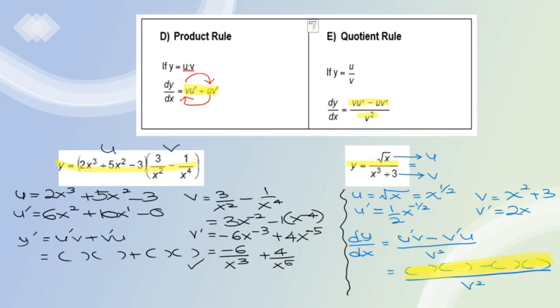And then V is 3 over x² minus 1 over x⁴. Okay, for this one you have to change it first. 3x⁻² minus 1x⁻⁴. So V prime, 3x⁻², so 3 times negative 2, negative 6x⁻³.